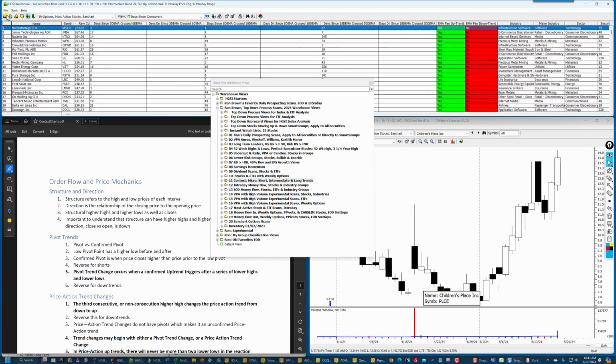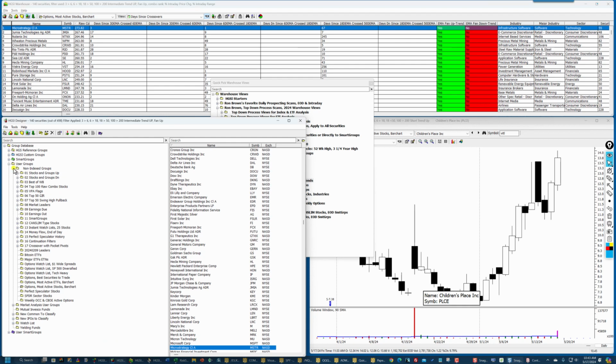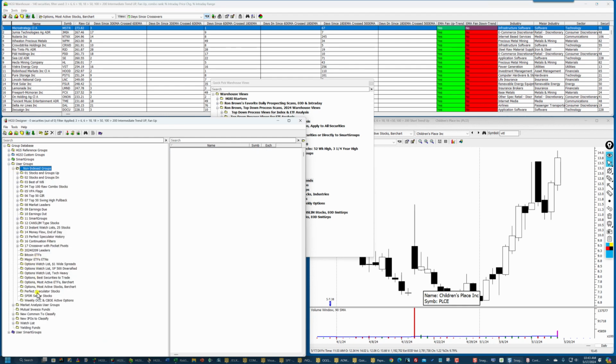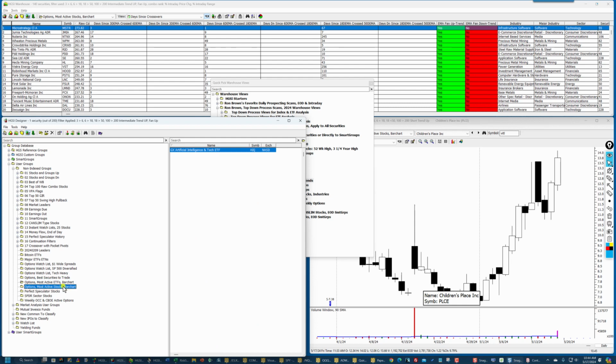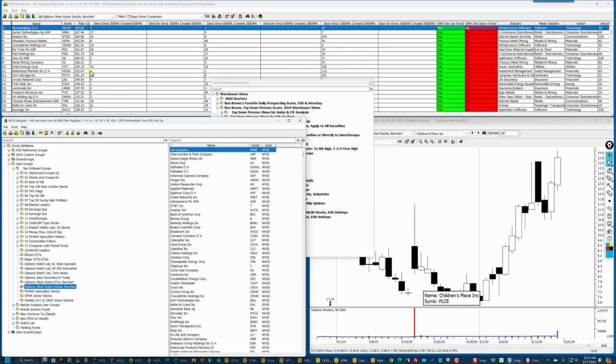Now the folder that I'm currently in is in my non-index groups. If you go down here and look under options, I have the most active stocks from Barchart. It's a file I download from Barchart. I'm a premium member of that, so I can download all this stuff, and I just created groups of both stocks and ETFs.